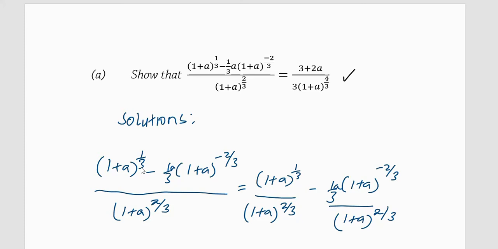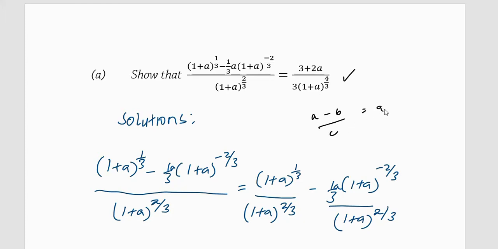Therefore (1 plus a) to power 1/3 minus 1/3 a (1 plus a) to power negative 2/3, divided by (1 plus a) to power 2/3, is equal to, it's as if I have, for example, (a minus b) out of c.